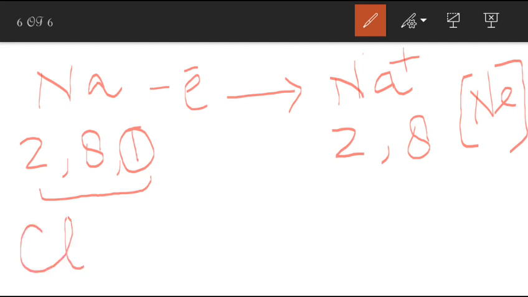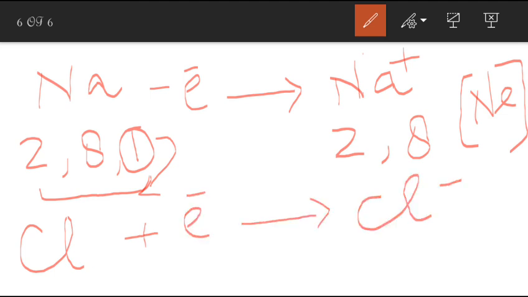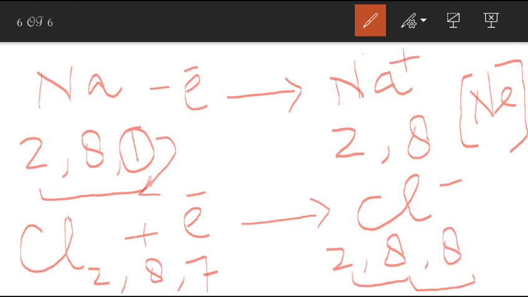Chlorine, the electron that is lost by sodium, it will be gained by chlorine and it will get converted into Cl negative. Here its electronic configuration was 2, 8, 7, it will become 2, 8, 8. The total number of electrons is 18, which is the electronic configuration of argon.